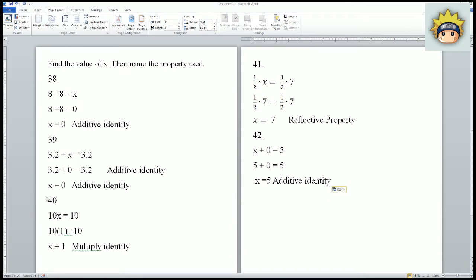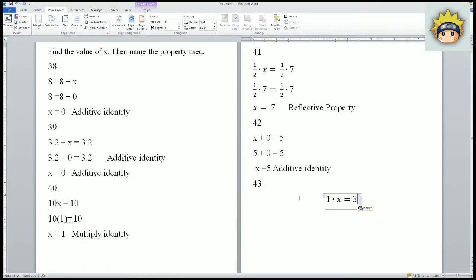Good. 43. 1 times x equals 3. Notice how for it to become 3, we have to have the x here as the value 3, because 1 times 3 equals 3.